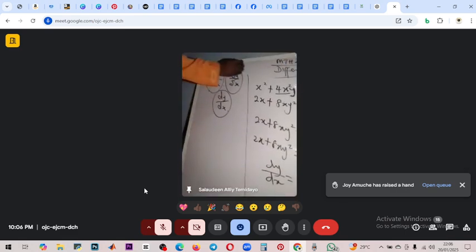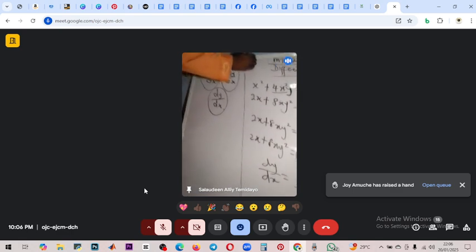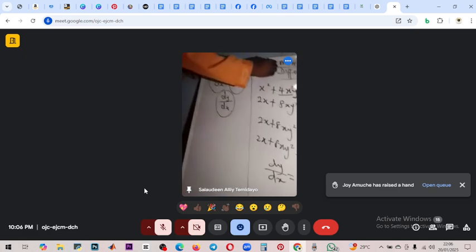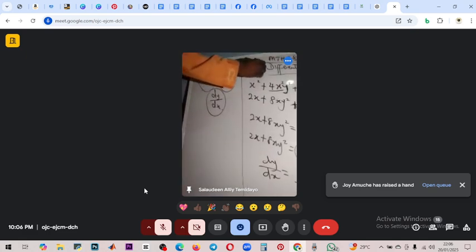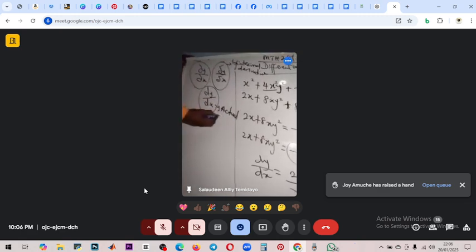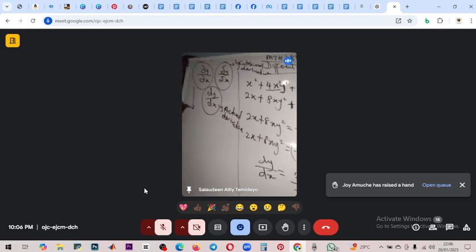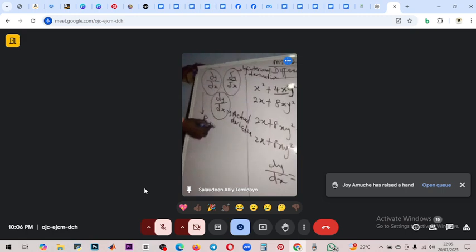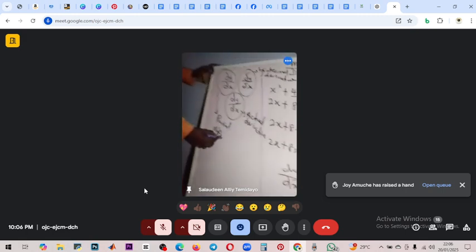Please come again. This is infinitesimal. This is actual derivative or normal derivative. And this is partial derivative. There are 3 different letters.